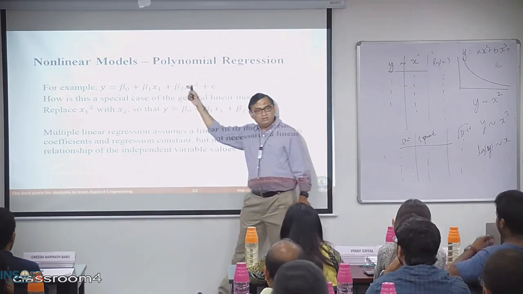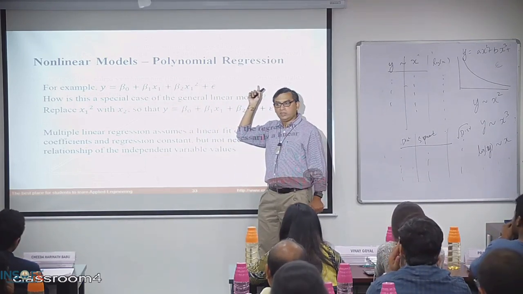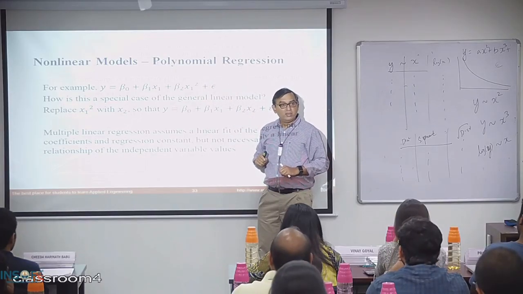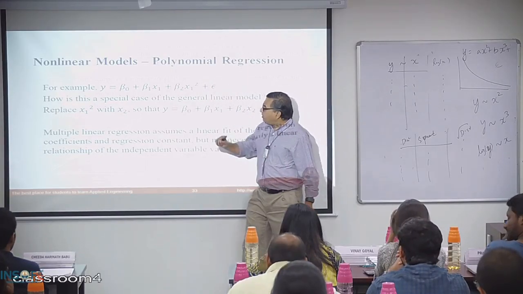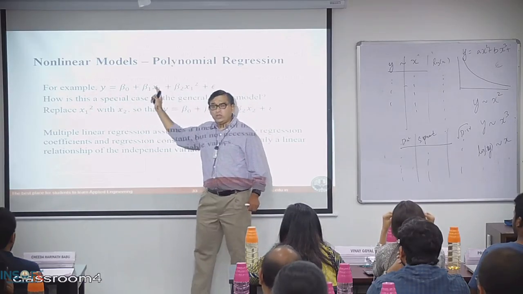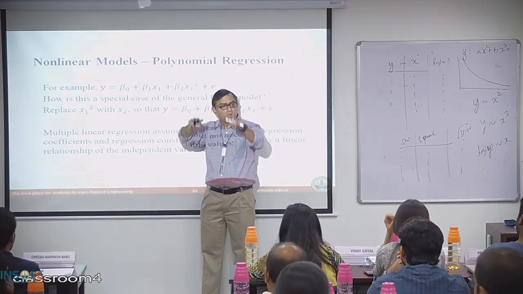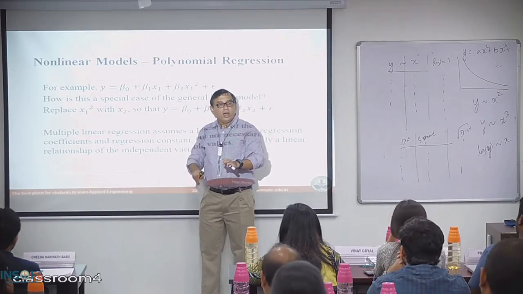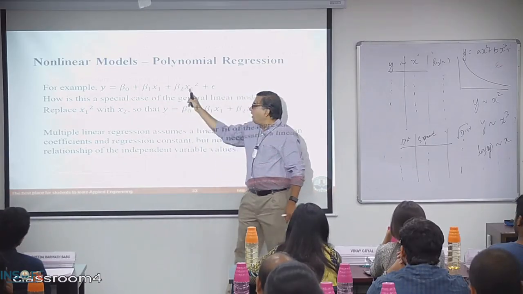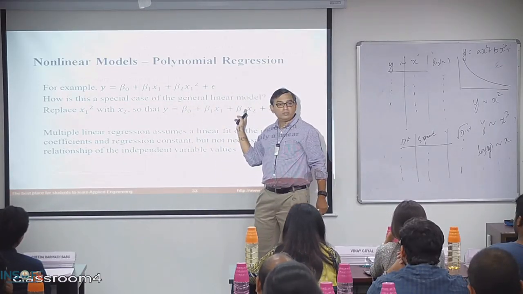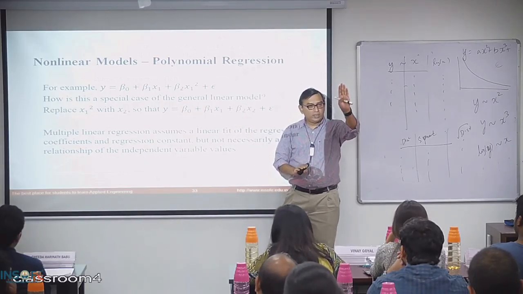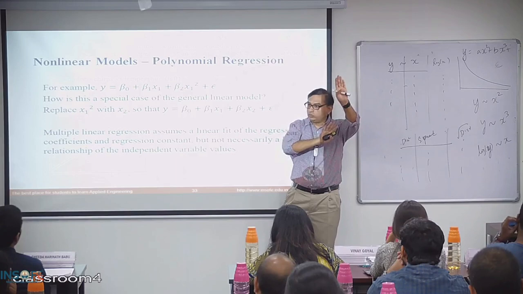For a general equation like this, a polynomial equation, what is actually given to me is y value and x value. Two columns are given to me. I can generate another column of numbers, take all the x values, square it, and label that column as x2.